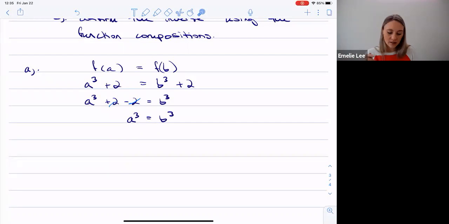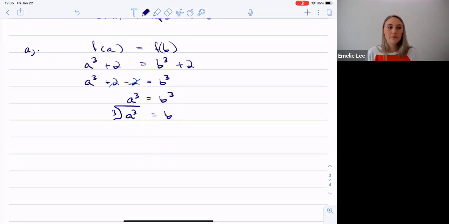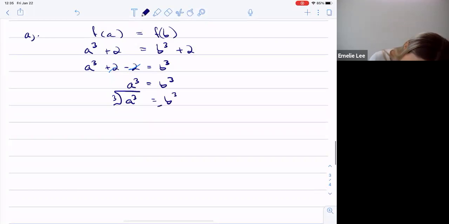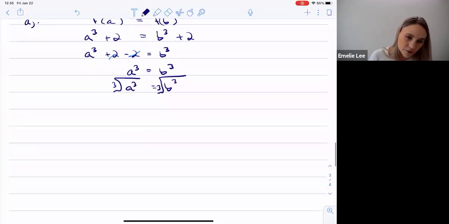So when I take the third root of both sides, trying to get rid of the powers of 3, because the third root retains the negative, I land at A is equal to B.